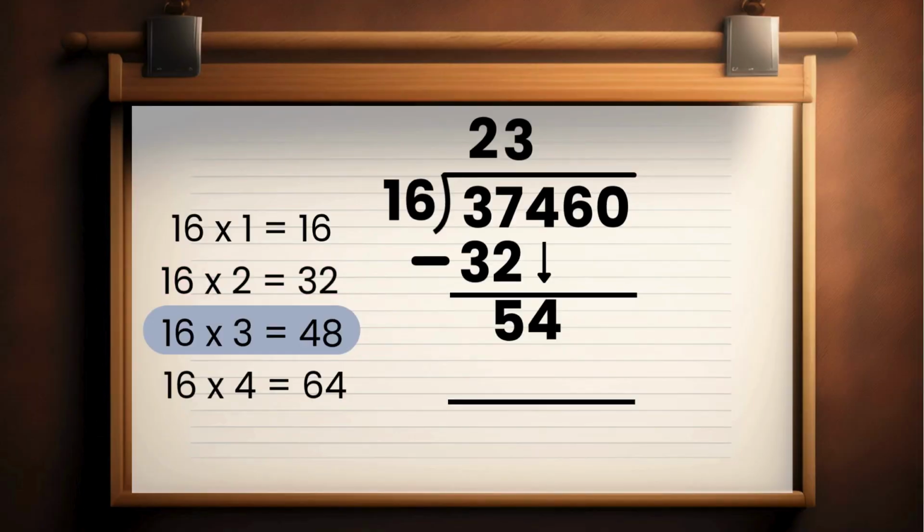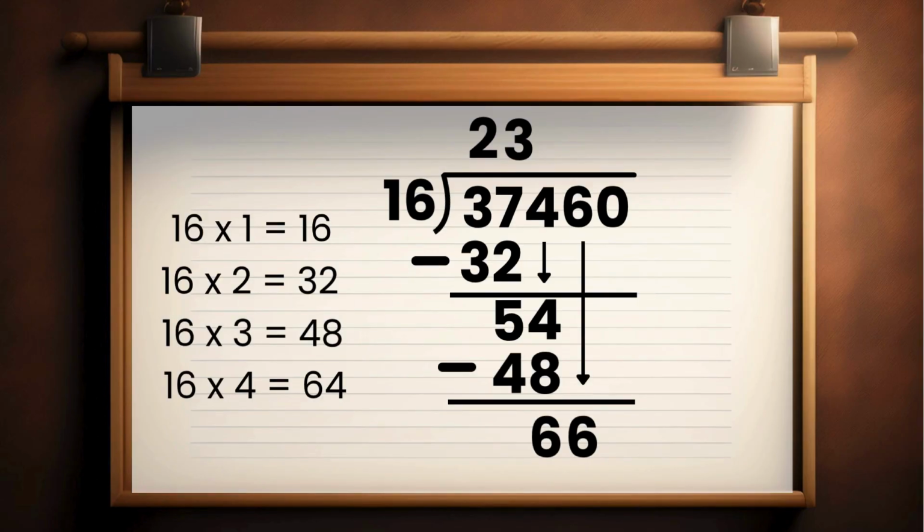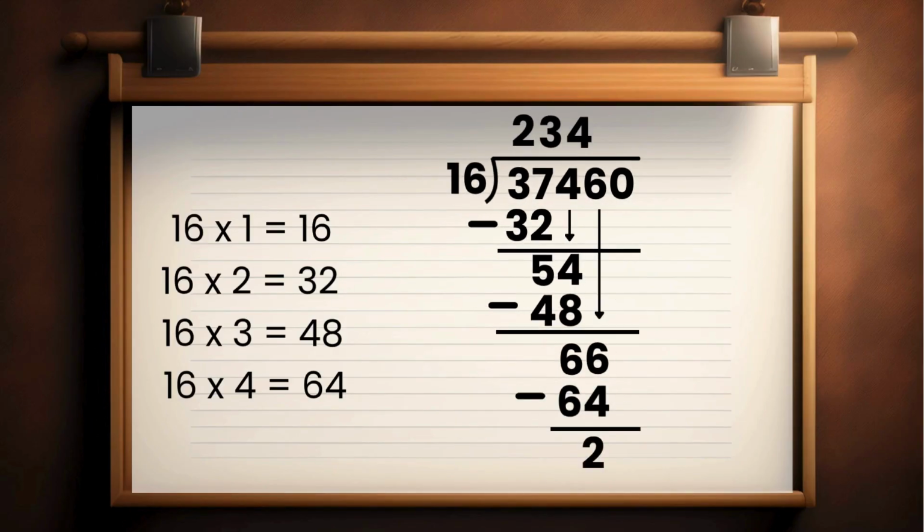Now repeat the steps. We have 16 into 3 equals 48. And 16 into 4 equals 64. So 54 minus 48 is 6. Bring down 6. We have 66. Since 16 into 4 is 64, we subtract it from 66. 2 is left. Bring down 0. We subtract 16 from 20.